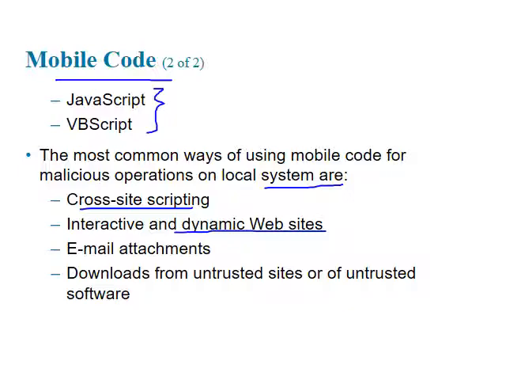And then email attachment is also a common way to embed the mobile code, and they give you maybe a very interesting offer, and then you think, okay, why not, I open the email, I open the attachment, then actually your machine is already affected when you click and download the contents.